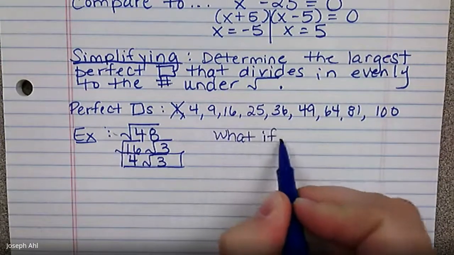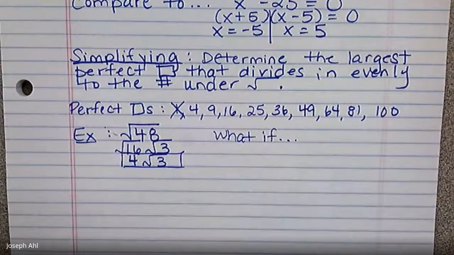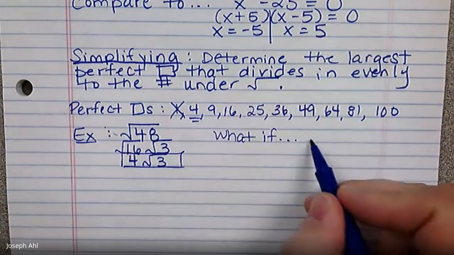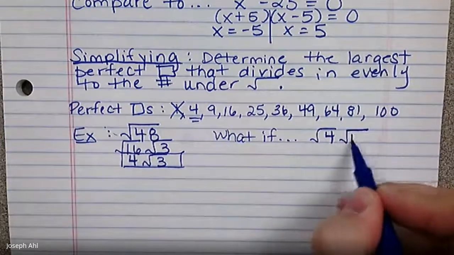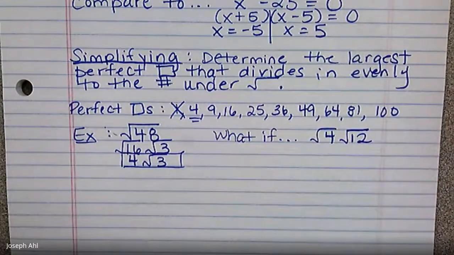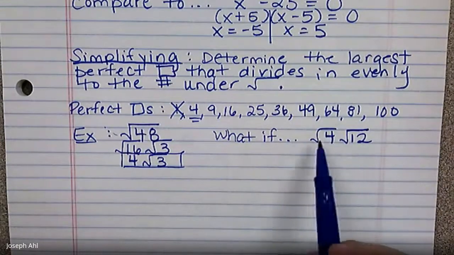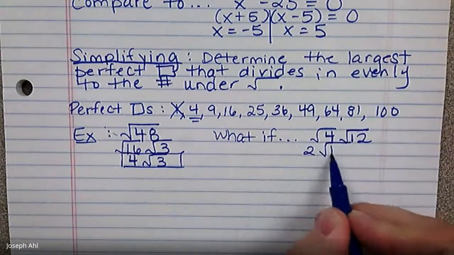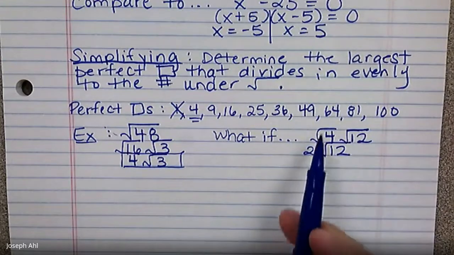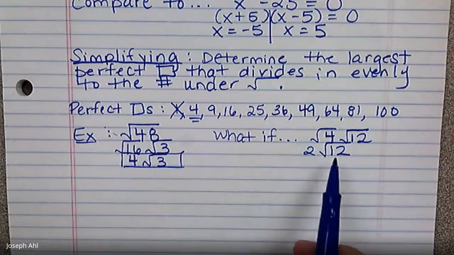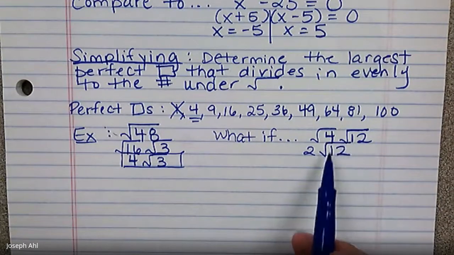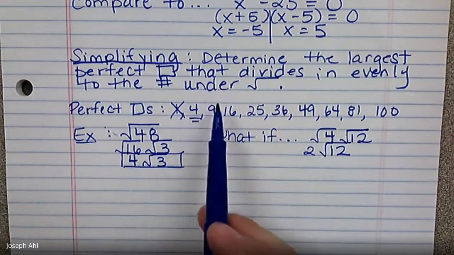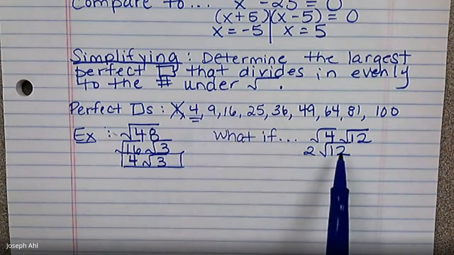What if you didn't recognize that 16 was the biggest perfect square? And you're like, well, hey, I know 4 goes in. How many times does 4 go into 48? The answer is 12 times. So if you had originally started with radical 4 times radical 12, you would then have the square root of 12 as part of a simplified answer, but it's not fully simplified yet, because if you look at the number 12 underneath the radical, you want to say, wait, was there anything else that's a perfect square that goes into 12?